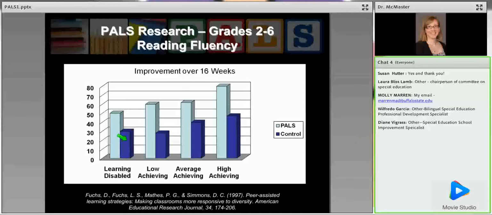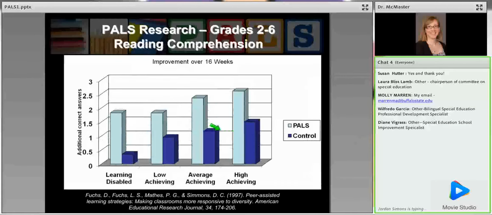And those gains were statistically significant, but also fairly distinct. So almost a 50-word gain in the 3 minutes compared to almost a 30-word gain for kids with learning disabilities. And you can see that same pattern for low, average, and high-performing students. So that was a good result from that original research.